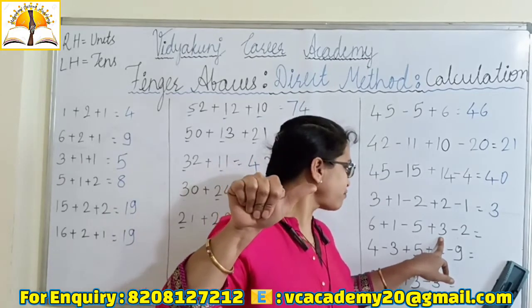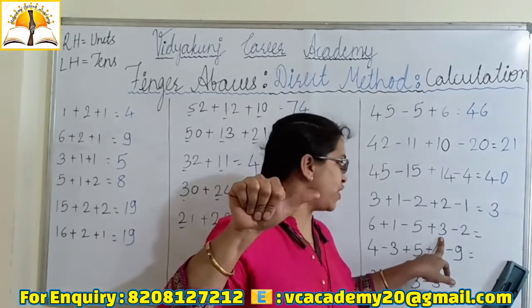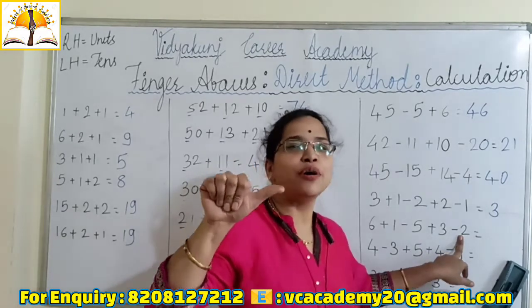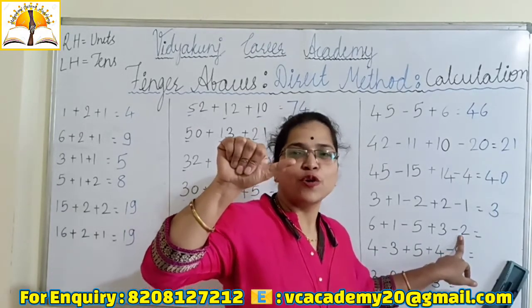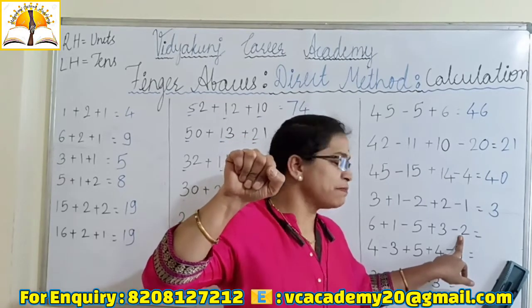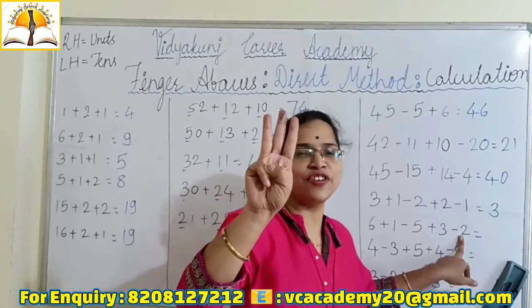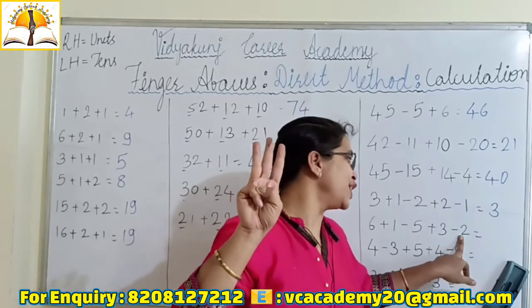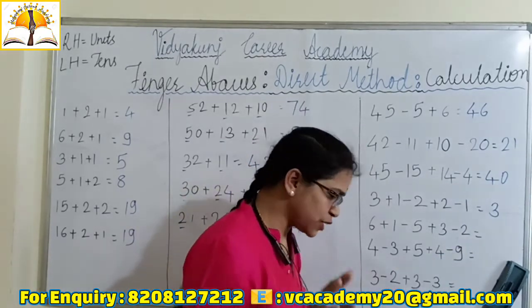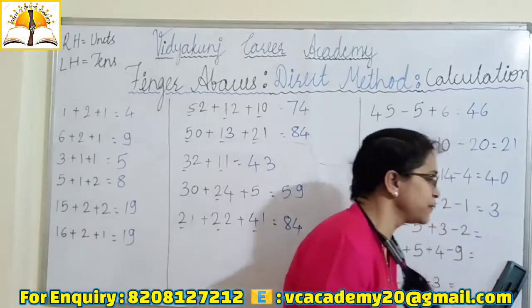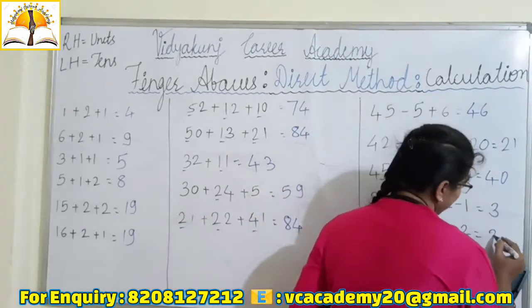This is 5. Here minus 2. How do you do minus 2? See here. Close 5 plus raise 3 fingers. Okay, what is your answer? Our answer is 3. I will explain according to the concept wise. Actually, its answer is 3.